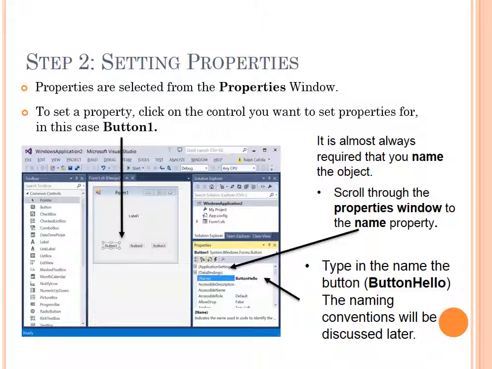Remember, this is an object of the class of buttons. Objects of the class of buttons have a name property, which we're going to set, and it's going to refer to that specific button. Now, this is the name of the button. This is not displayed anywhere. You don't see that on the button itself. Now, I'm calling this button hello because there is a specific set of rules that we use to name objects.